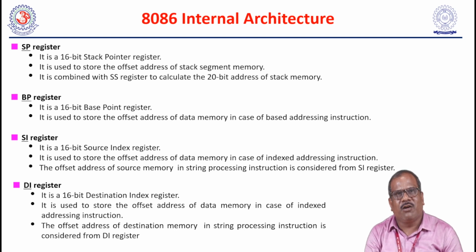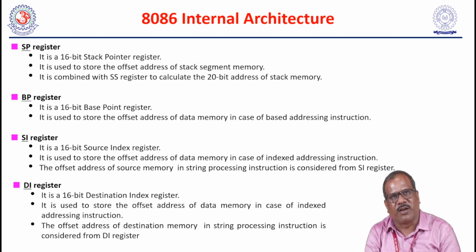Data memory is called the stack, and program memory is simply called ROM or PROM. Whenever we need to access the stack, we use the stack pointer. The stack pointer is also a memory pointer. It points to a location in data memory space. That is the function of the stack pointer.